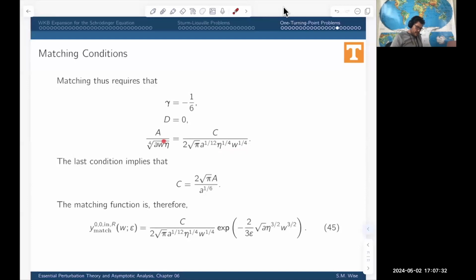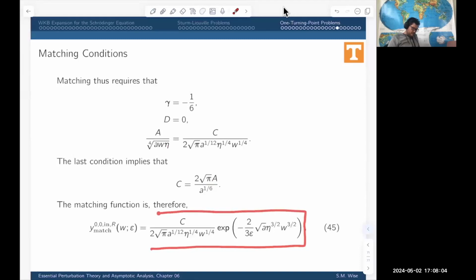So you can get cancellation of the w and eta terms, and all I have to do is equate the other things. Now, I'm deciding to keep a as my free parameter. So that means I'm eliminating c in terms of a. And if you solve for c in terms of a, you get 2 root pi times a over a to the 1/6 power. So the matching function therefore becomes exactly equal to this.